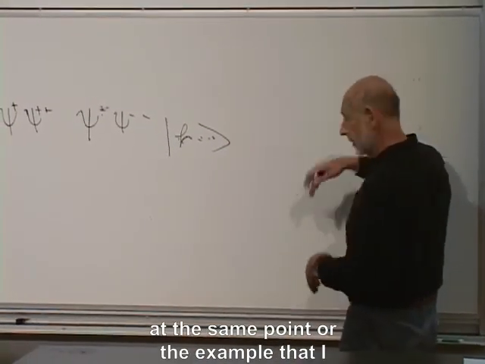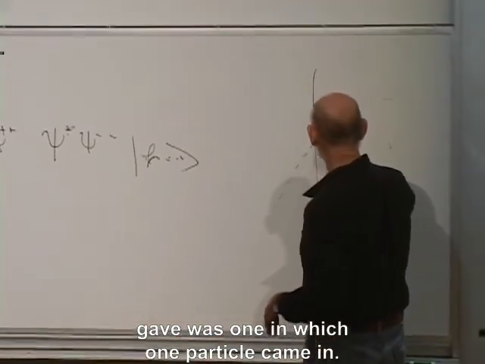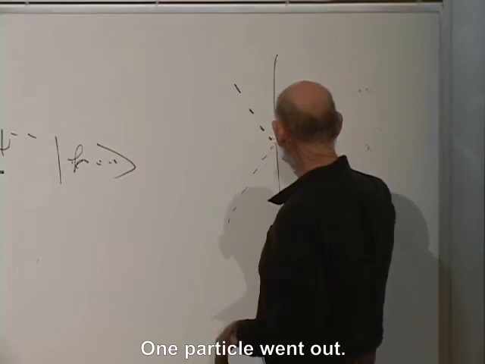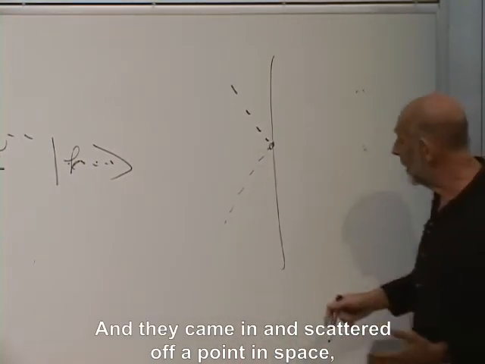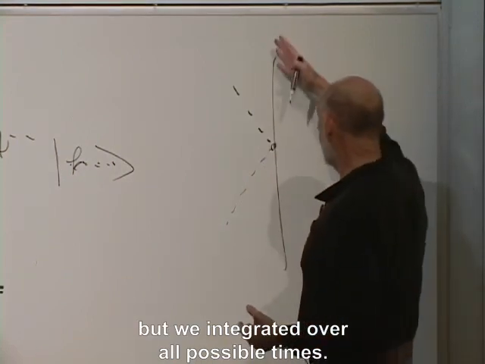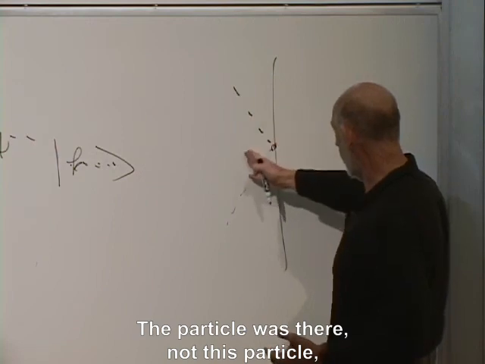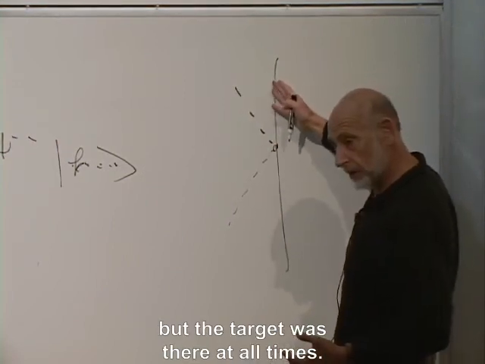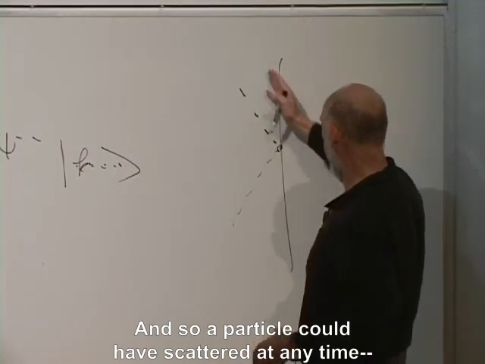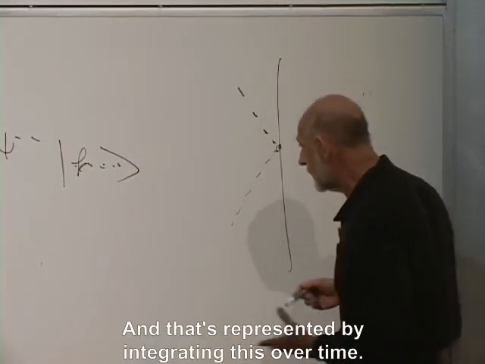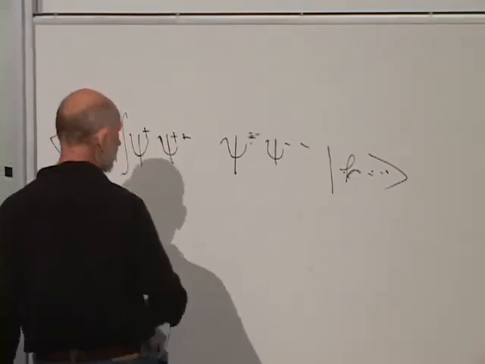The example that I gave was one in which one particle came in, one particle went out, and they scattered off a point in space, but we integrated over all possible times. The target was there at all times, and so the particle could have scattered at any time whenever it gets there, and that's represented by integrating this over time.